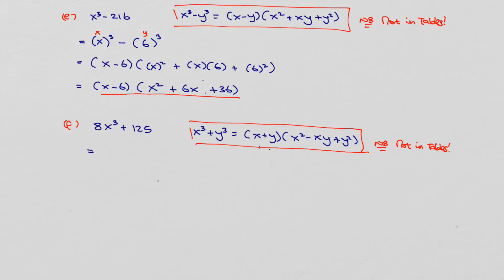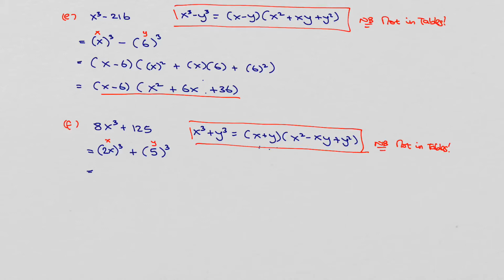Okay, so again, let's see. Can I write it as something cubed plus something cubed? And if I can't, then again, I would take out my highest common factor. But of course, 2 cubed gives us 8. So this time what we have in our first bracket is 2x. And 5 cubed gives us 125. So if I now apply that to my formula, 2x will represent x in the formula, and 5 will represent y in the formula.